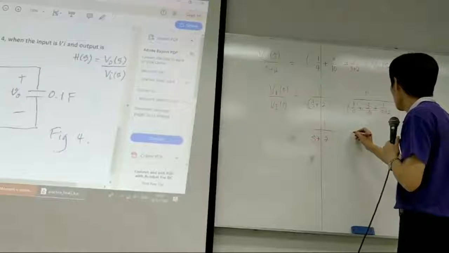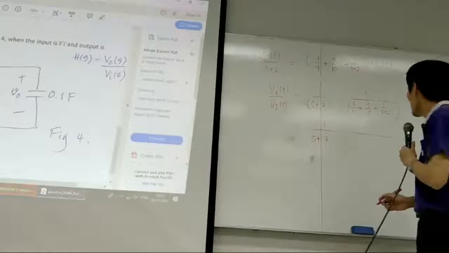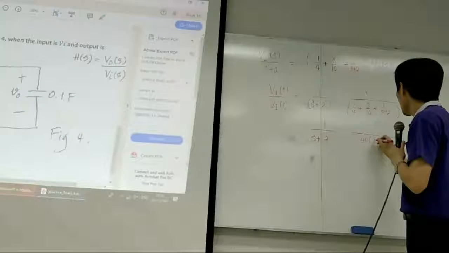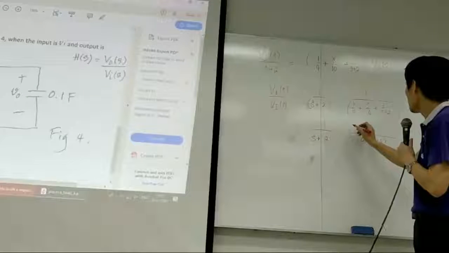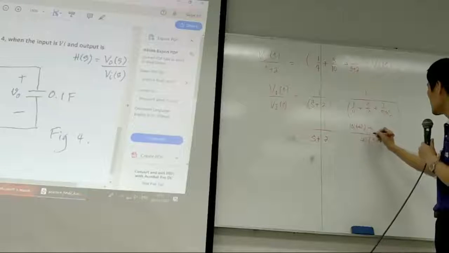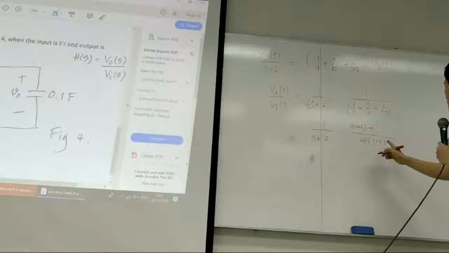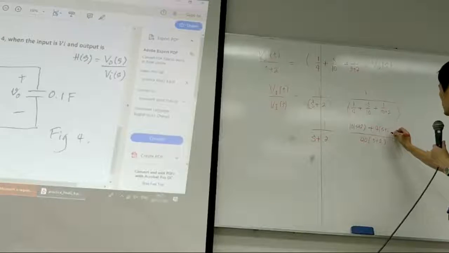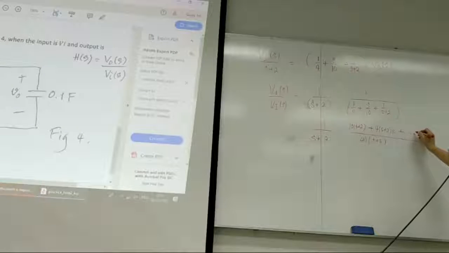This one, let's say 40 S plus 2, and we have the 10 S plus 2 on top, plus 4 S plus 2 multiplied by S plus 40, right?